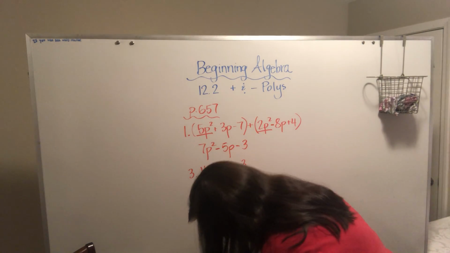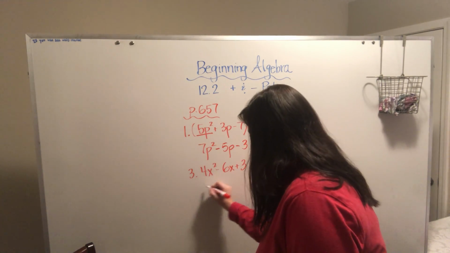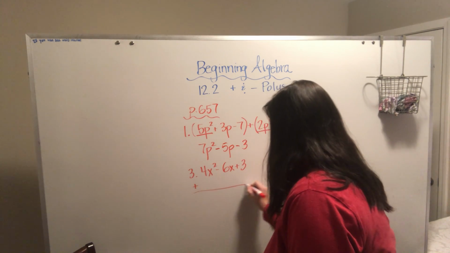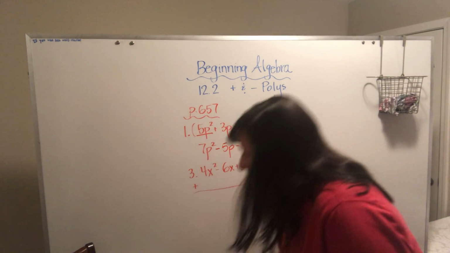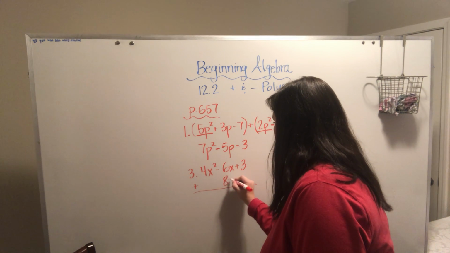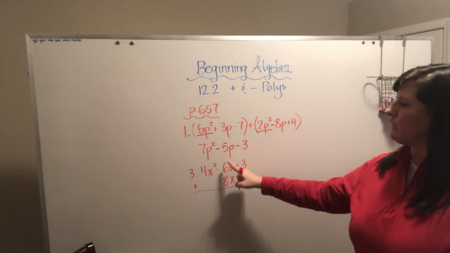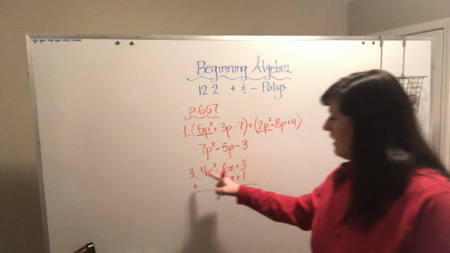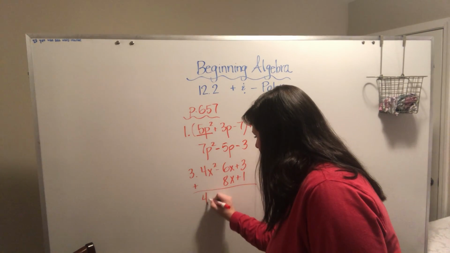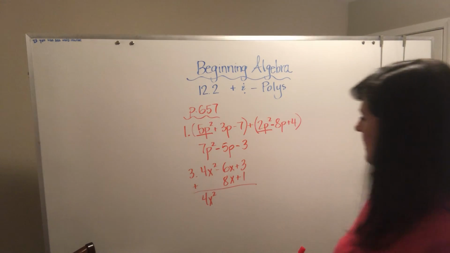So underneath the negative 6x, I'm going to put my adding sign here. And I'm going to say it's 8x plus 1. And notice I lined up like terms. That's what you have to do. Well, 4x squared, nothing's going to happen to that. That's going to stay the same.